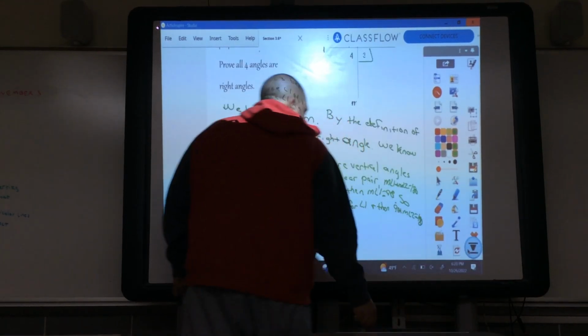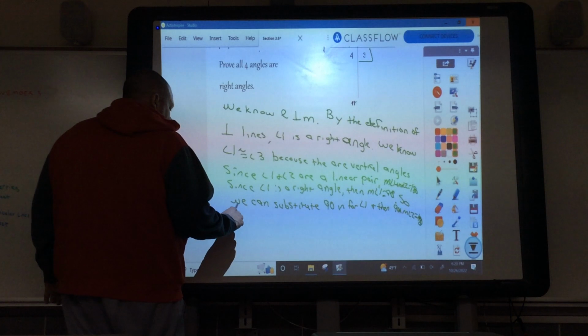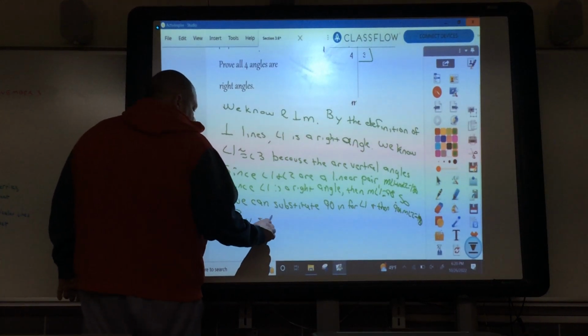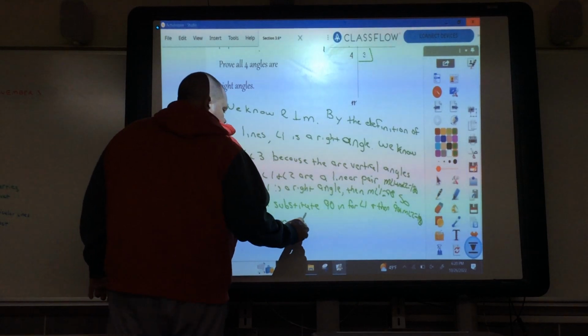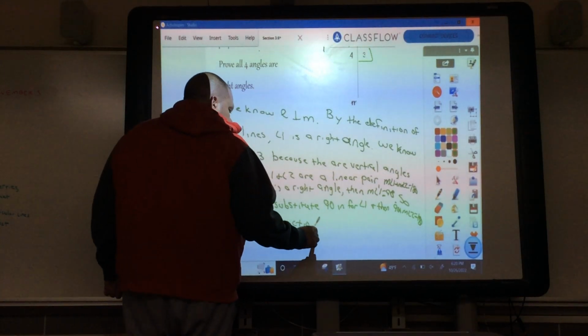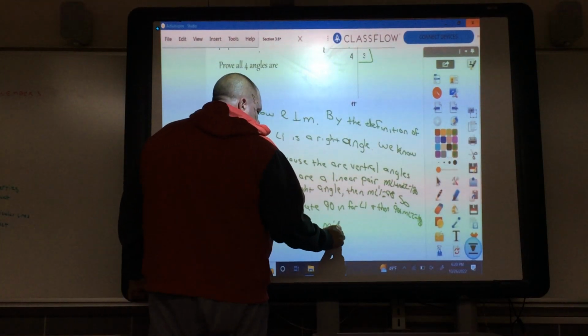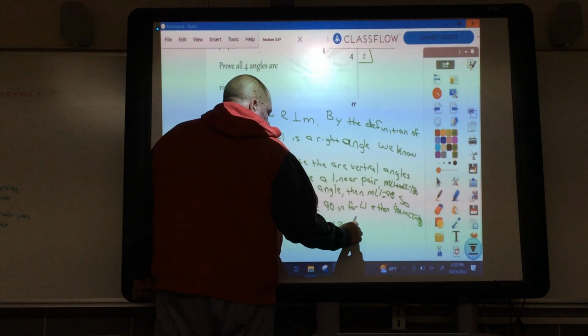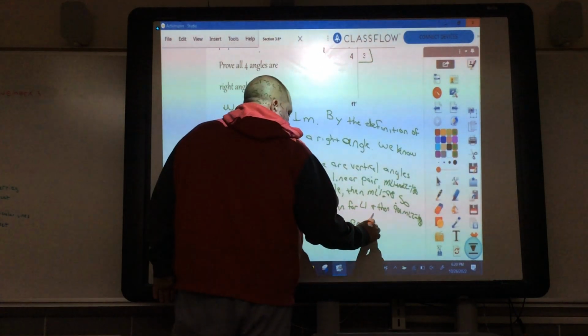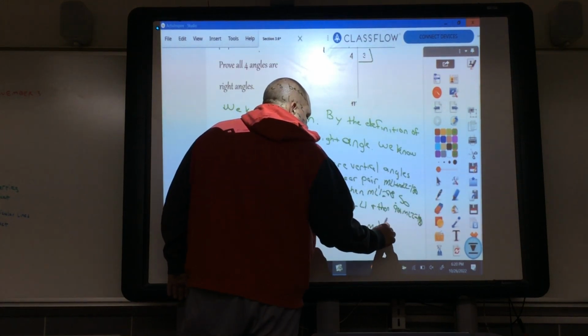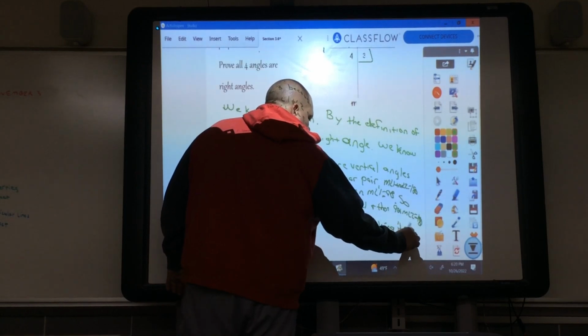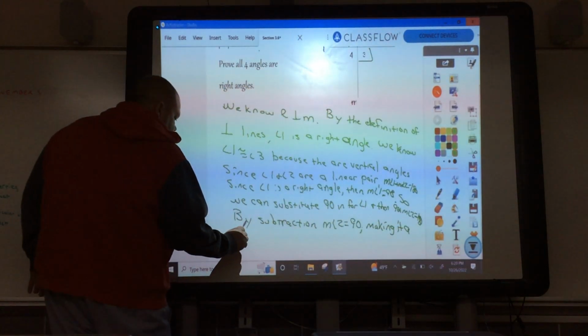Okay? By subtraction, then the measure of angle 2 is going to equal 90. Making it a right angle.